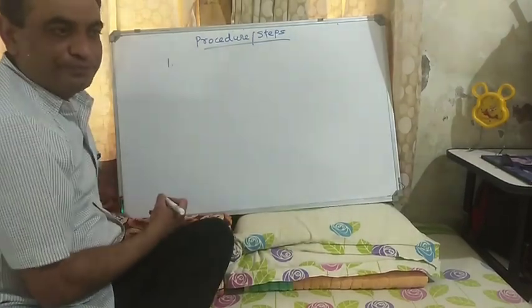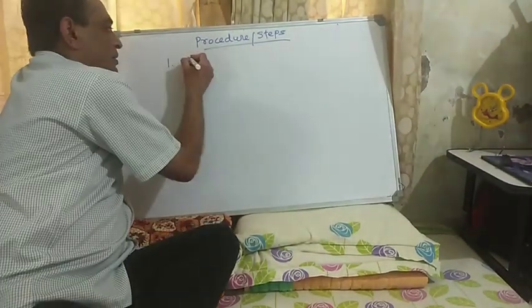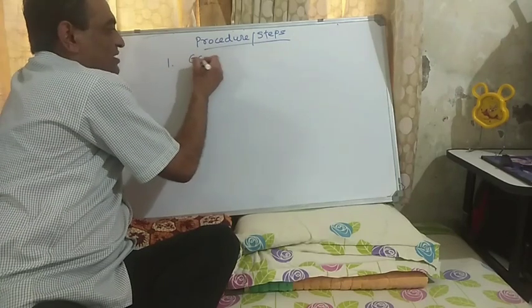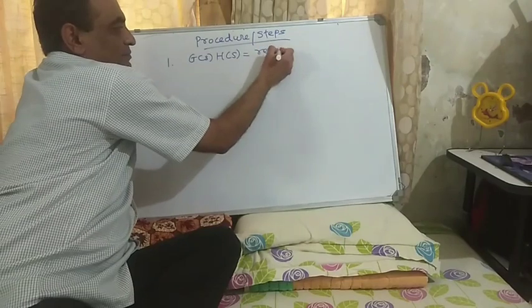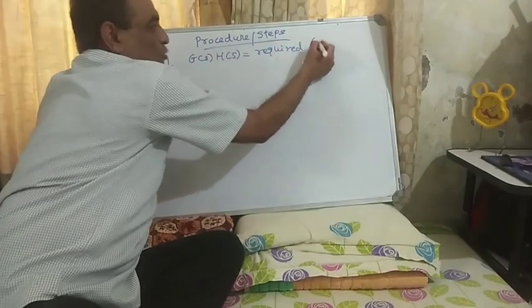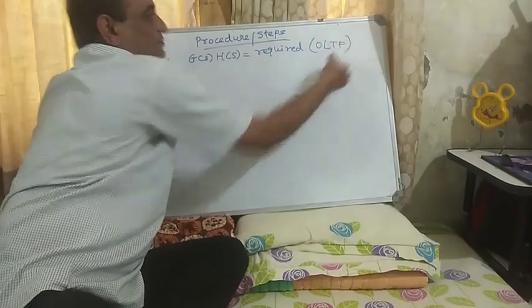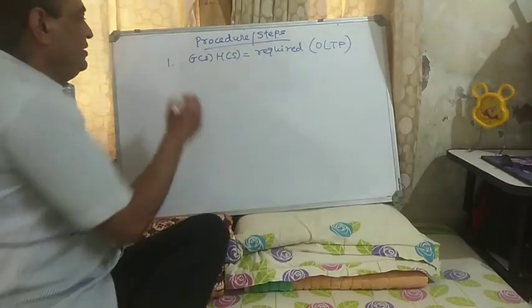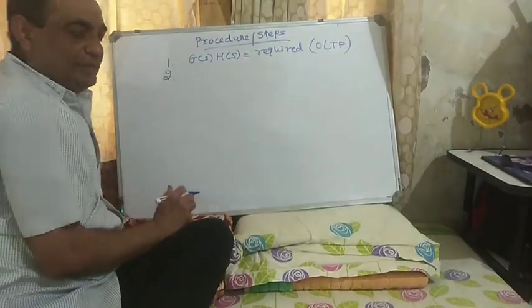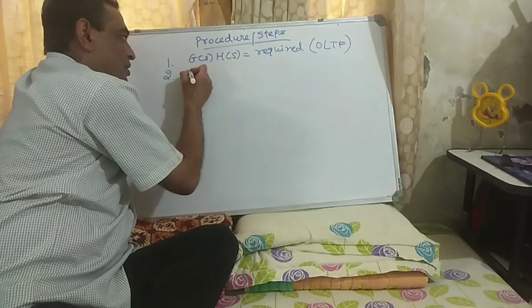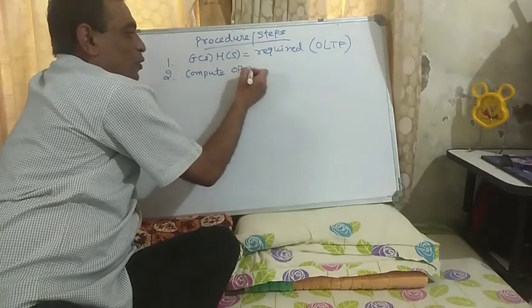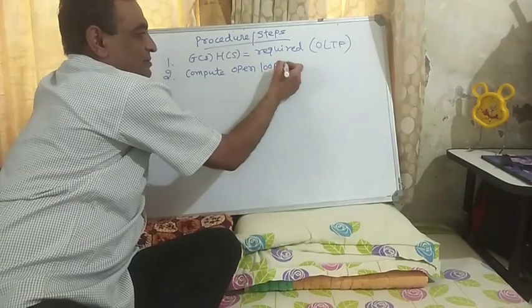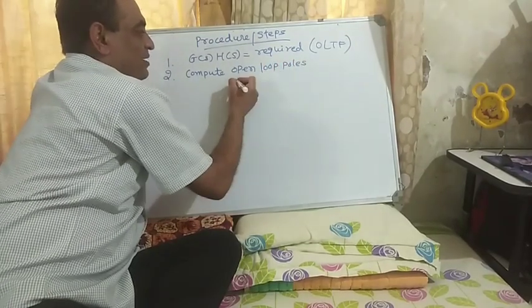First, you must have G(s)H(s). This is required, and this is the open loop transfer function. Then you compute open loop poles and open loop zeros.